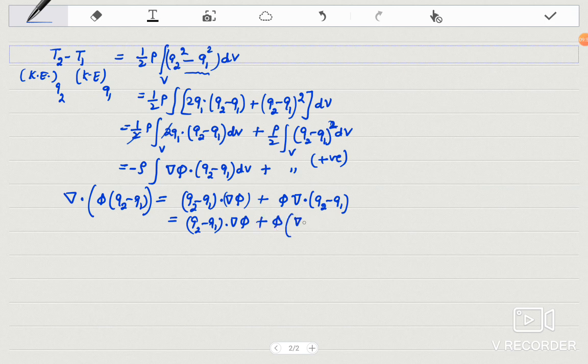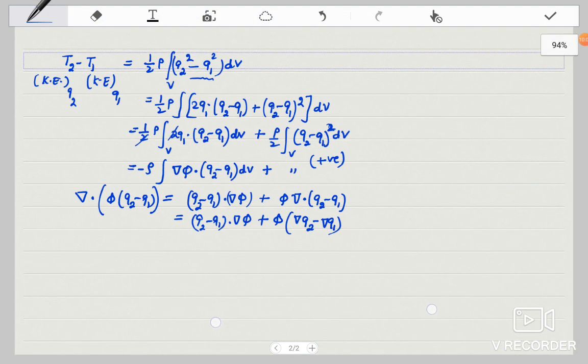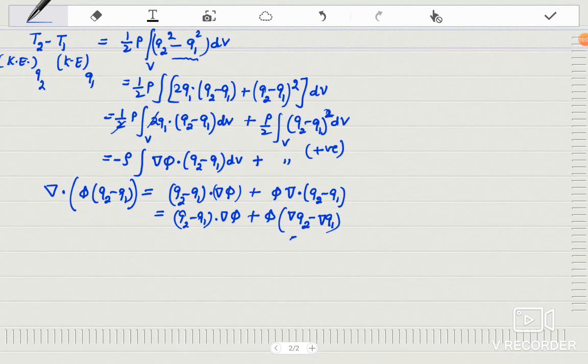Now this is equal to (q2 minus q1) dot delta phi plus phi times (delta dot q2 minus delta dot q1). Now delta dot q2 was 0 because of the equation of continuity, and delta dot q1 is 0 because of the equation of continuity. So this expression is 0, and I may write it as delta phi dot (q2 minus q1), because in a dot product you may interchange the two vectors. So finally you got its value.